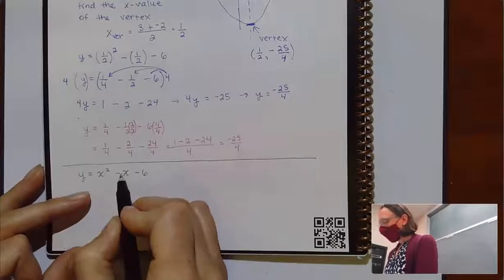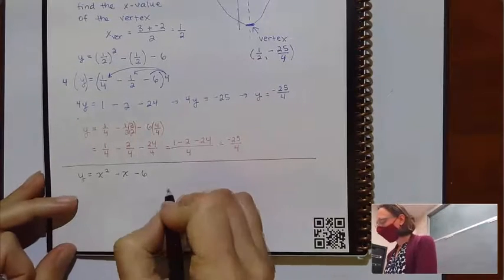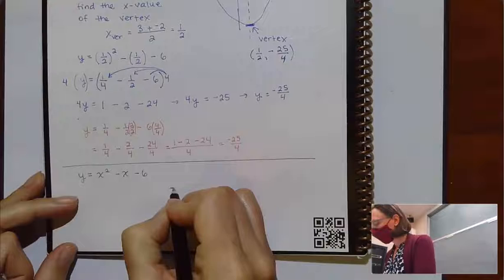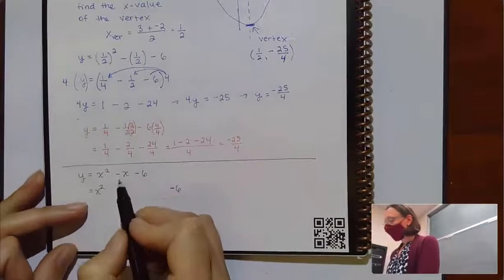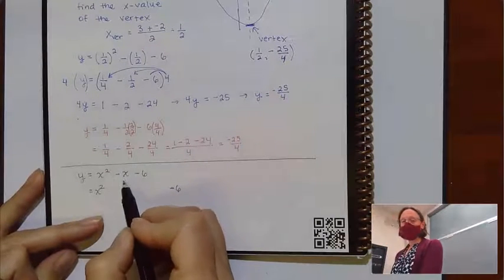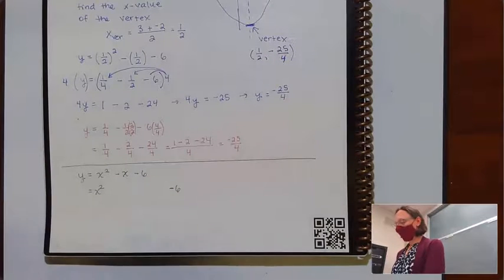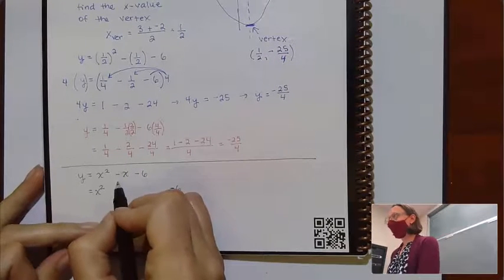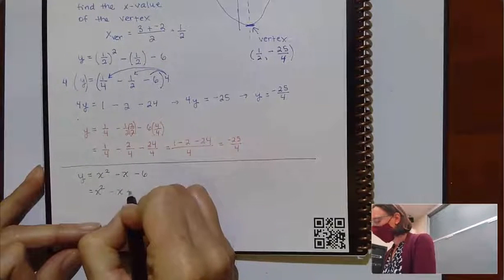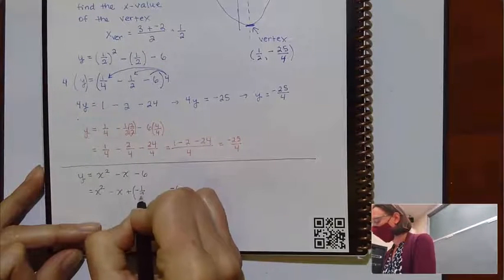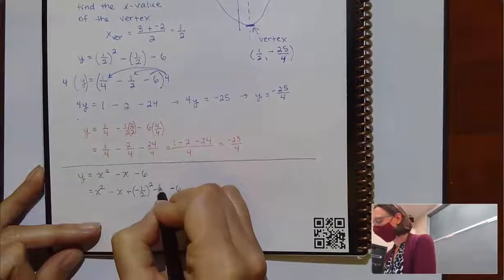So I'm going to take that x² minus x. I'm going to scoop my -6 over. We're going to take half of the coefficient on the x, which would be a -1/2. So we'll add in a -1/2 squared and subtract it back off.